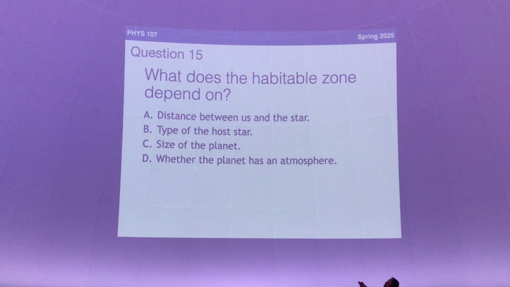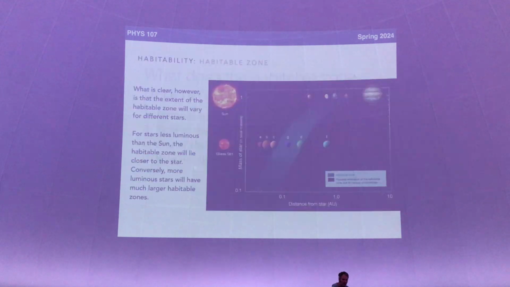So the habitable zone is exclusively what type of star it is, and then how far away from that star you are. The habitable zone for the Sun is somewhere between basically Venus and Mars, which are sort of in the habitable zone, and then also, of course, in the middle.